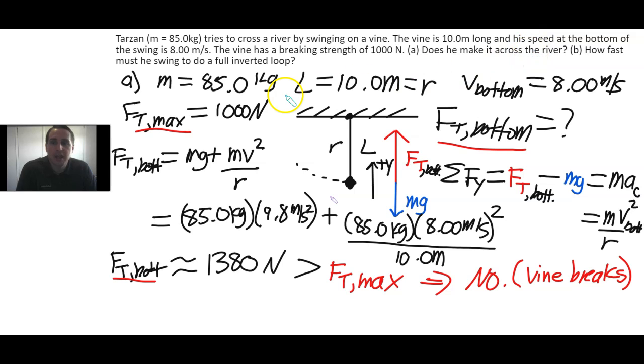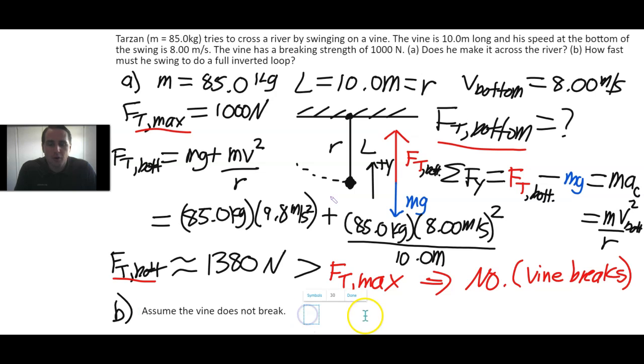Okay, how about B? How fast must he swing to do a full inverted loop? For part B, let's assume, if he's going to do a full inverted loop, that the vine does not break.